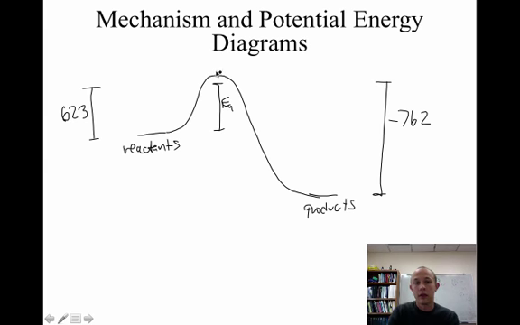Then, from this point, we released 762 kilojoules of energy. So the change in enthalpy, the delta H, is equal to minus 139 kilojoules. This is just a difference between the energy of the bonds in the reactants versus the energy in the bonds of the products.